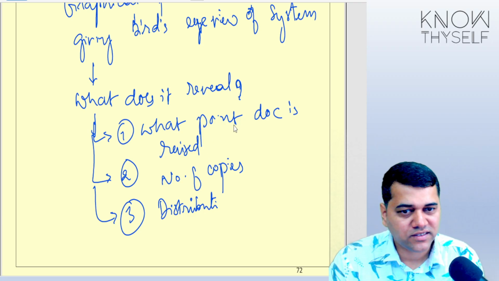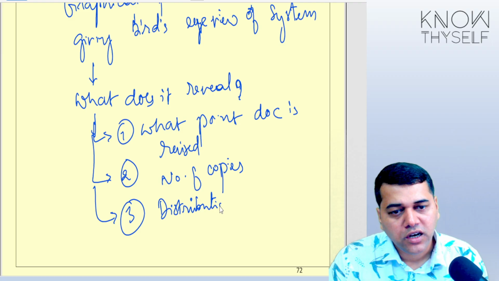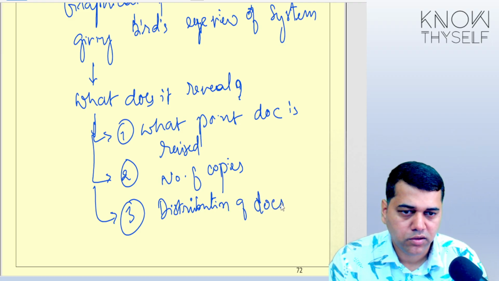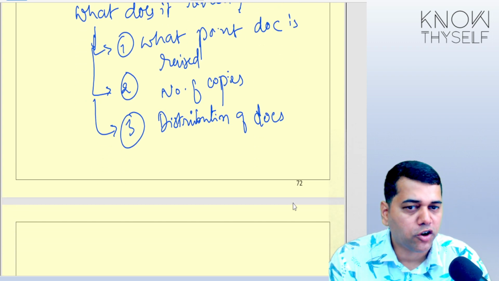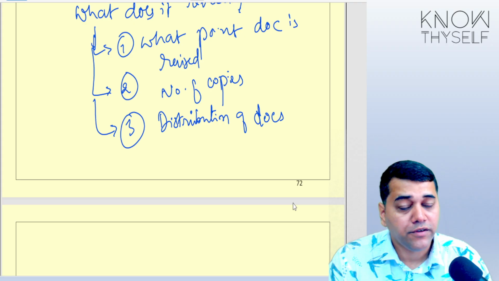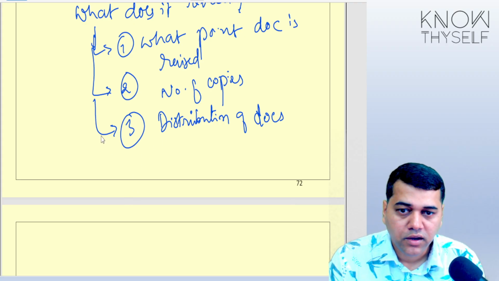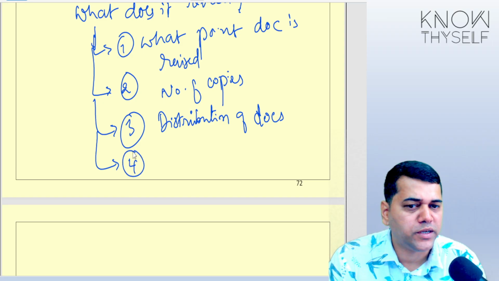First of all, you raise. Second, how many? Distribution of documents. First of all, how many documents you raise? Where you raise? Where it gets distributed? Fourth, we will focus only from the documentation point of view.